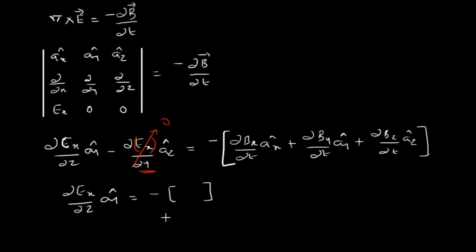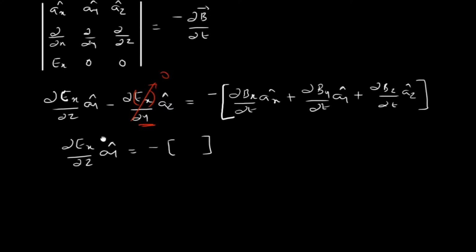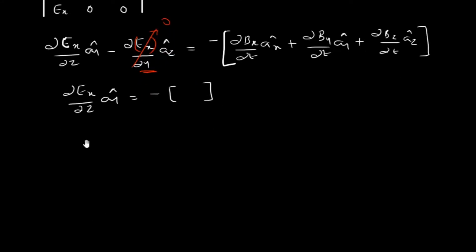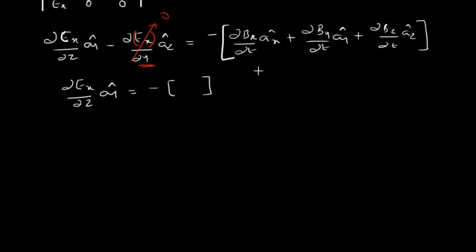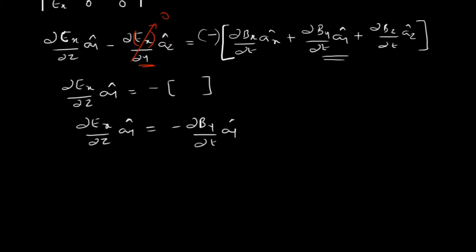Again, going with the same way of mathematical solution, that is comparing the coefficients of LHS and RHS, I have to just consider the ay cap. Don't forget this negative sign. So negative ∂By/∂t ay cap will be equal to ∂Ex/∂z ay cap. So I write it as ∂Ex/∂z ay cap is equal to minus ∂By/∂t ay cap.